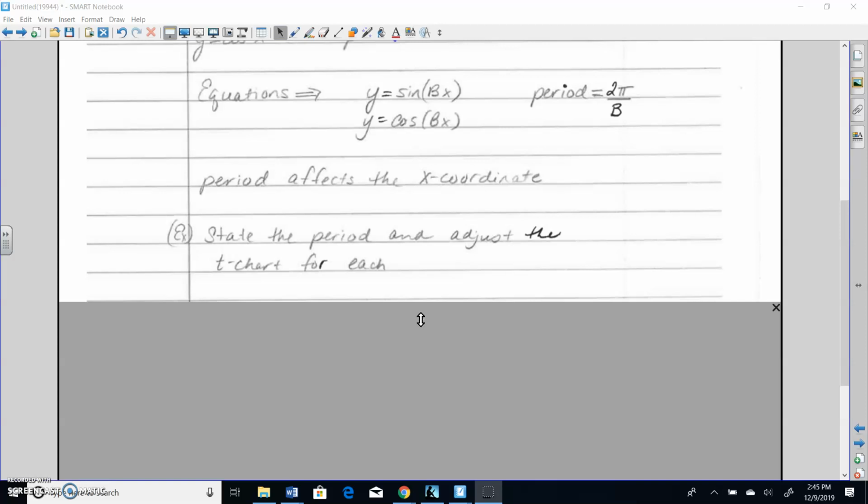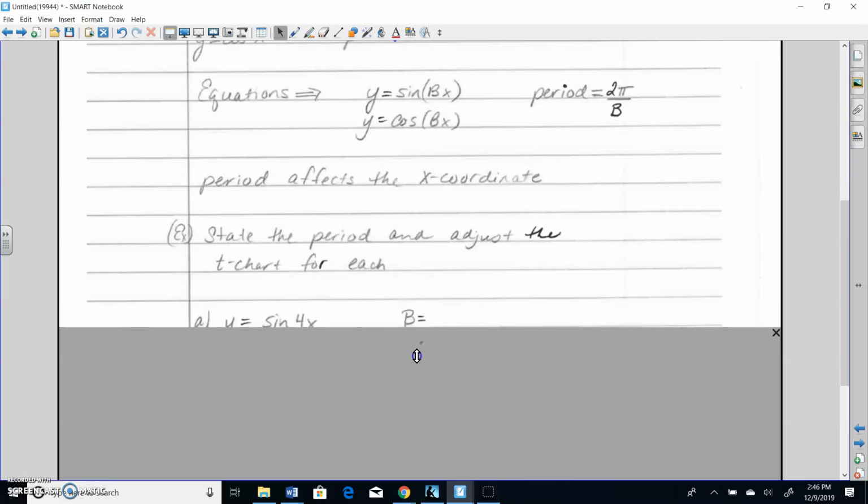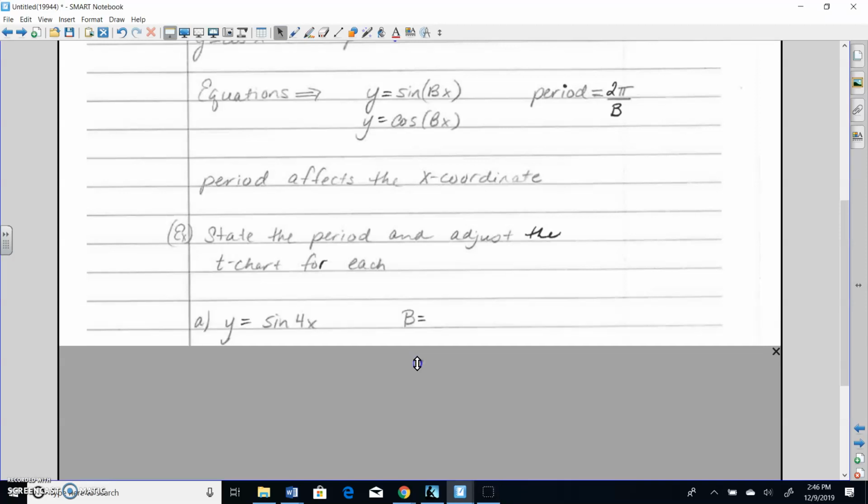So much like we did with amplitude and vertical shift, where we worked with the t-chart and adjusted the y values and then graphed the final, that's what we're going to do with the period and then eventually the phase shift. Much easier to do it this way than it would be to graph each change like we did initially for our amplitude and vertical shift.